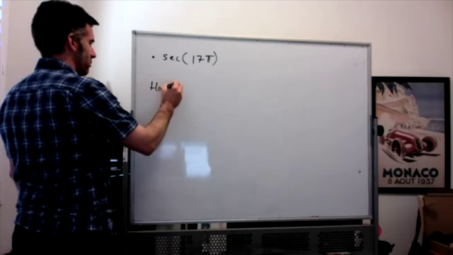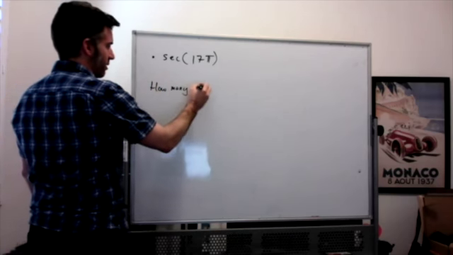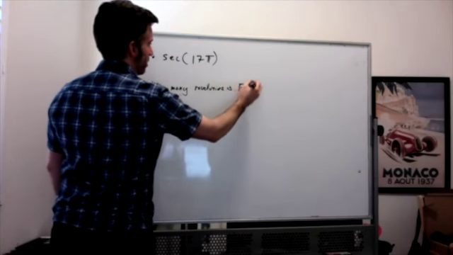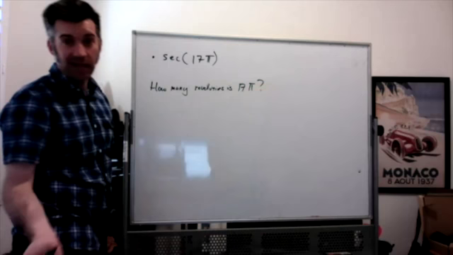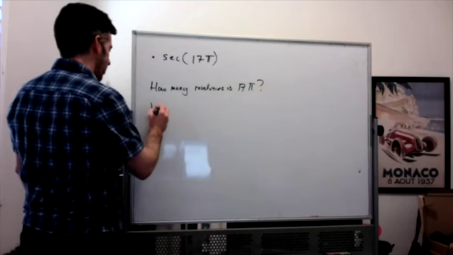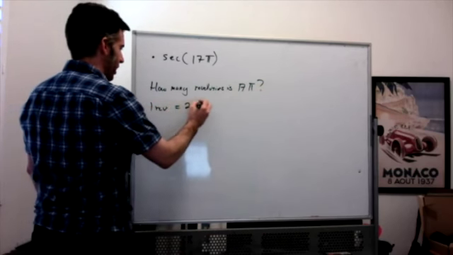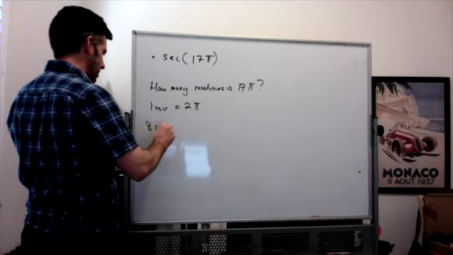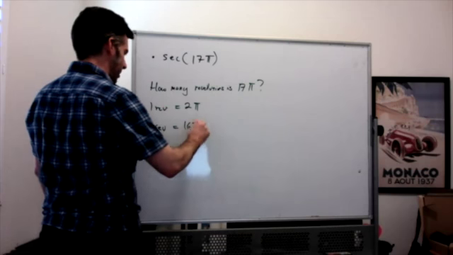Would it be like 8.5 or something like that? Exactly. It's exactly 8.5 revolutions because one revolution is 2 pi. So multiply both sides by 8, and 8 revolutions is 8 times 2, 16 pi.